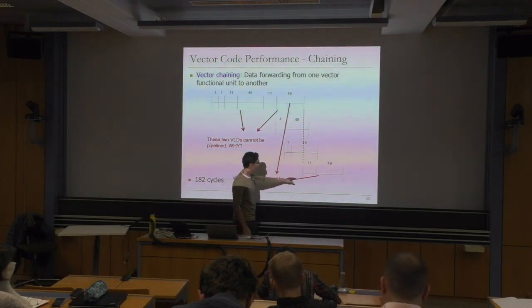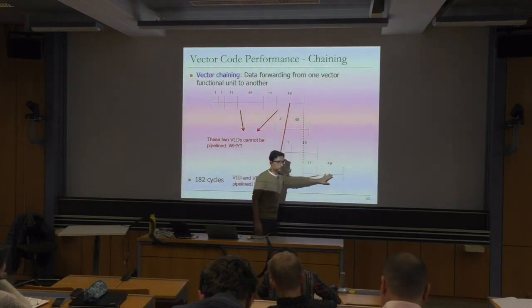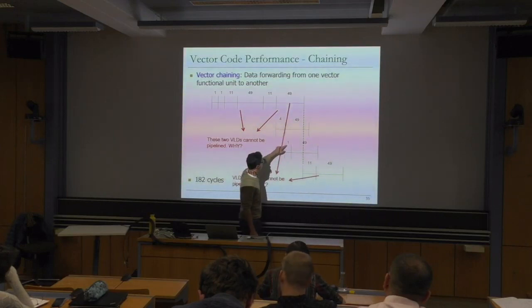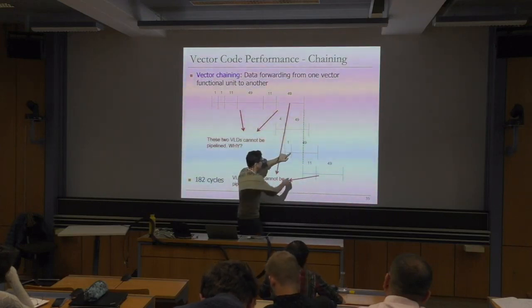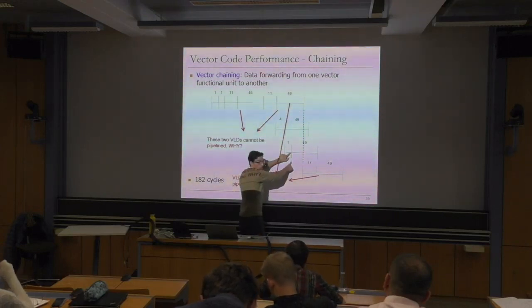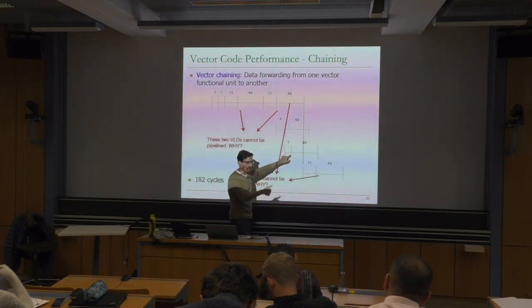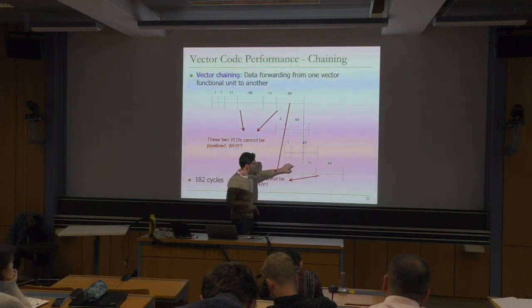We have to wait until the second vector load is completely finished before starting the vector store. But observe that we could have started the store here, because here we already have A0 plus B0 divided by 2. So we still have to wait a few cycles.